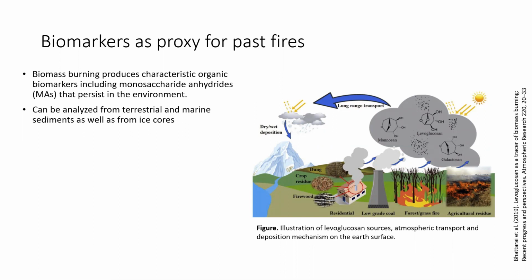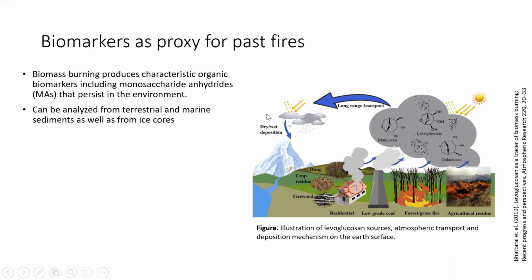So basically when biomass is burning in different sources, they produce characteristic organic biomarkers, and those include these monosaccharide anhydrides, and those can be preserved in the environments, both in marine and terrestrial sediments, and also recorded in ice cores.